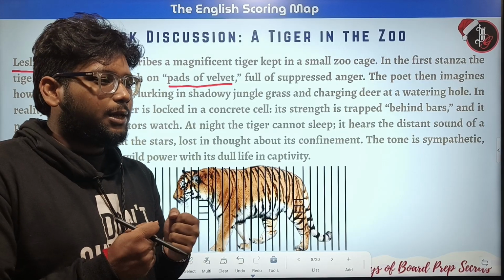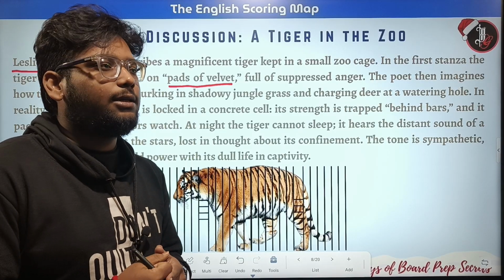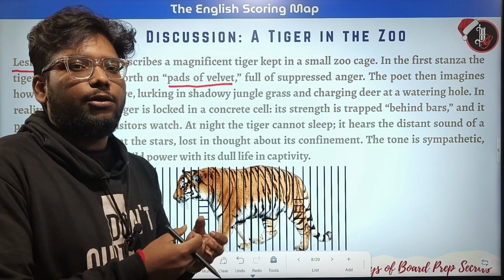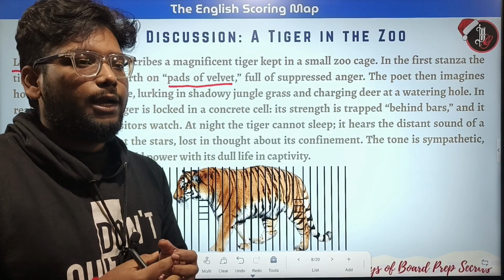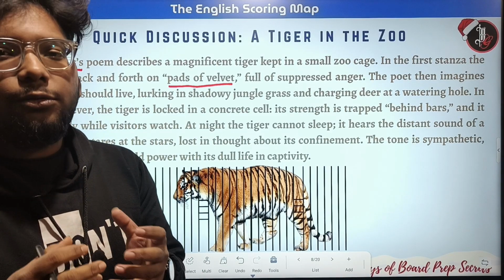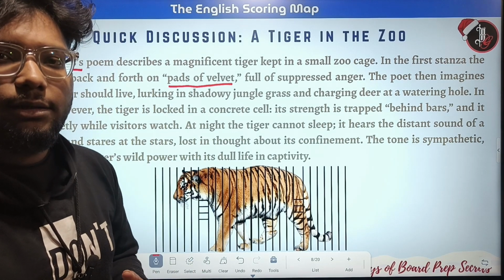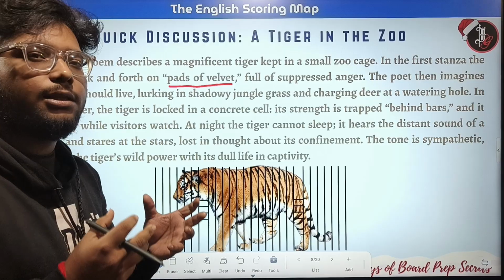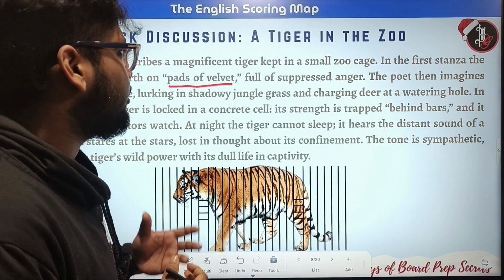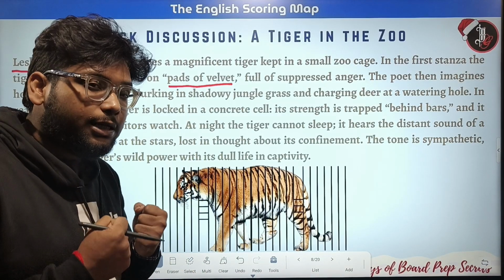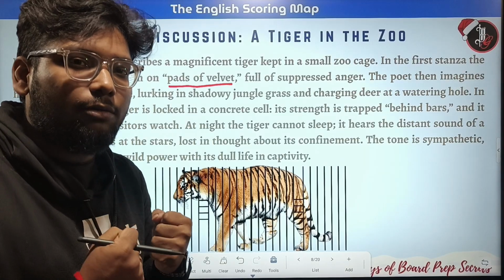The tiger is built differently. It's not like a caged animal. You cannot domesticate a tiger, right? It is born to rule the jungle. It is born to move freely in the jungle. You cannot cage a tiger. So that's why the tiger is basically suppressing his anger. He's putting his anger down.